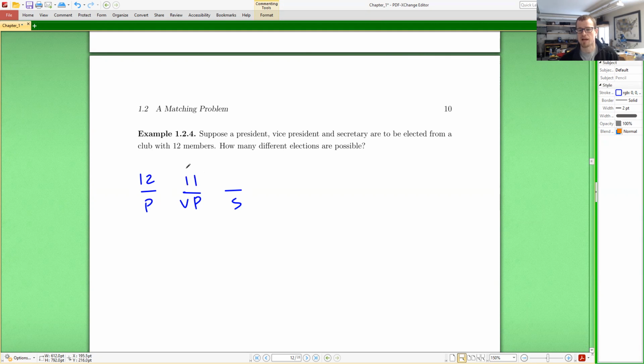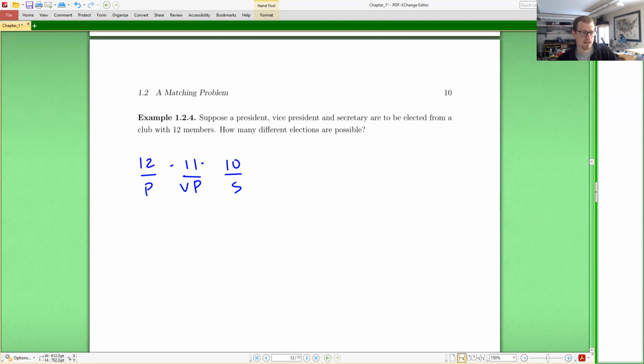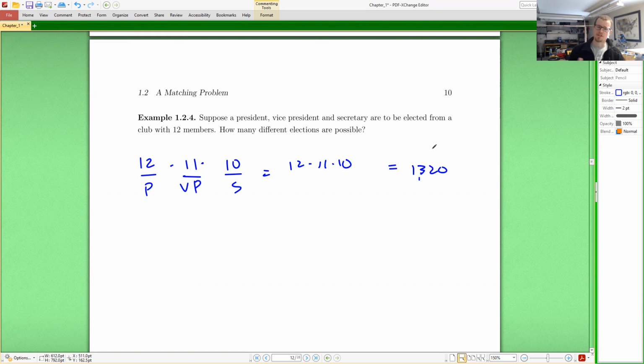Then I have 11 options once I've chosen the president. And then I have 10 options once I've chosen the vice president. So 12 times 11 times 10 is equal to 1,320 different ways.